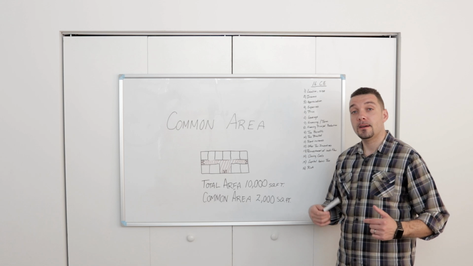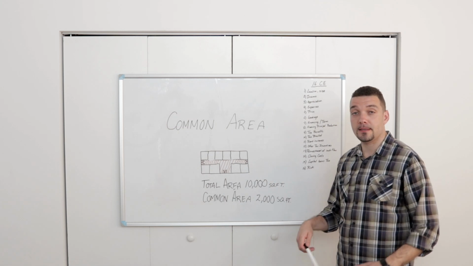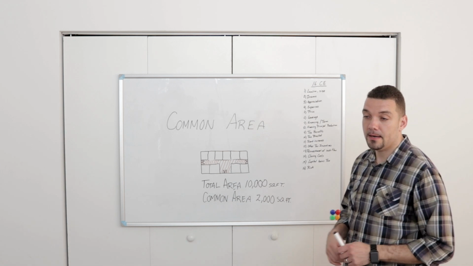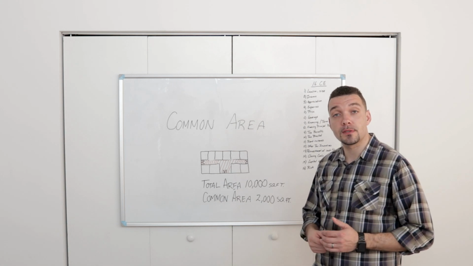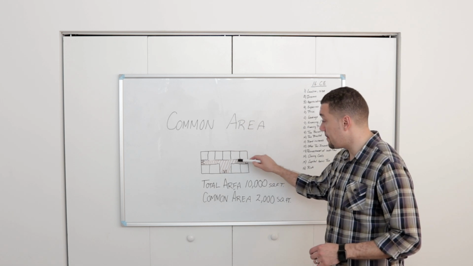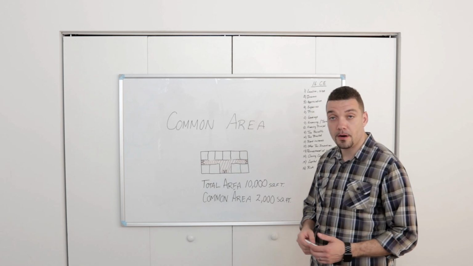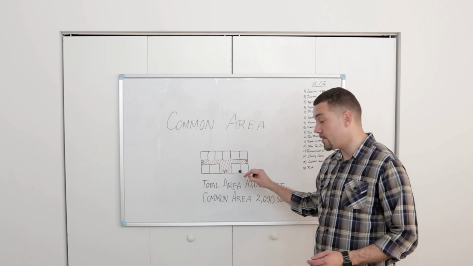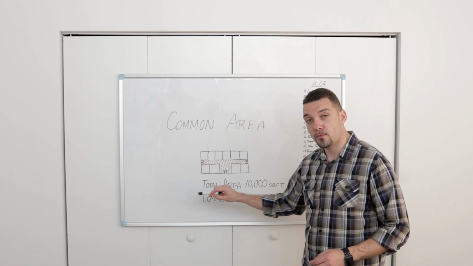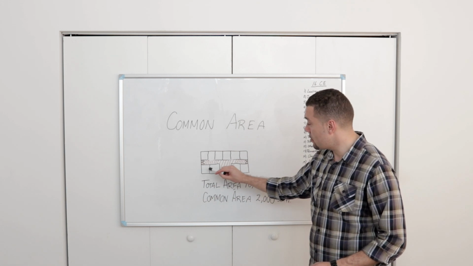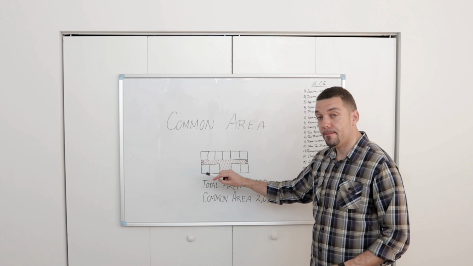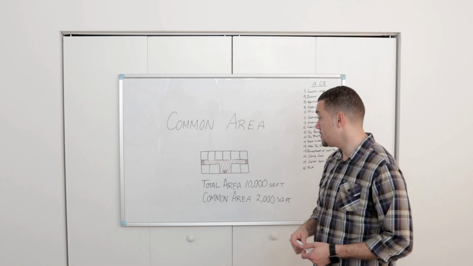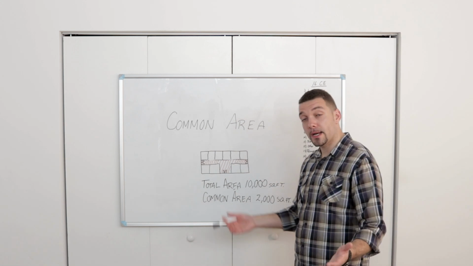If the average office size in the area is, let's say, 1,000 square feet, but because of the common area factor all your offices are 500 square feet, you might be better off breaking down some walls and having 3 or 4 1,000 square foot offices instead of 10 500 square foot offices, and then the other ones being smaller, or whatever the scenario is.